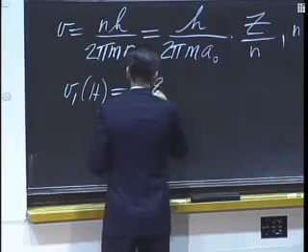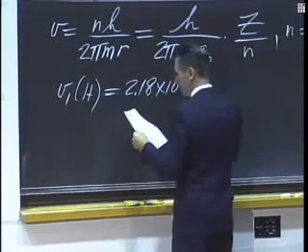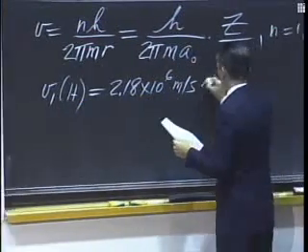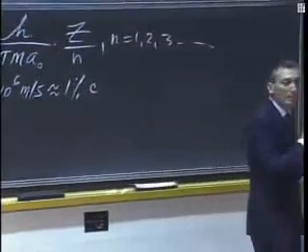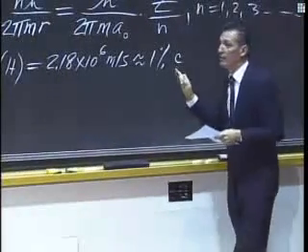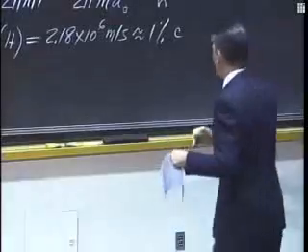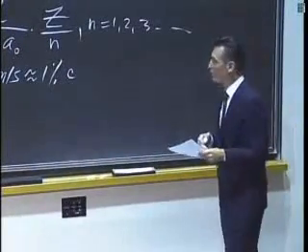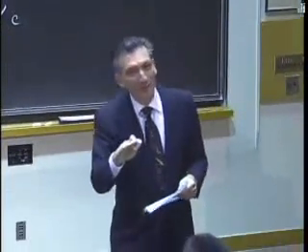You get 2.18 times 10 to the plus 6 meters per second, which is about 1% of the value of the speed of light. By the way, c, the value of the speed of light, in case you can't remember it, is the number 1 entry in your table of constants. So 1% of speed of light. So I would say that's relatively fast. That's a pun there. Think about this as relatively fast. Okay.